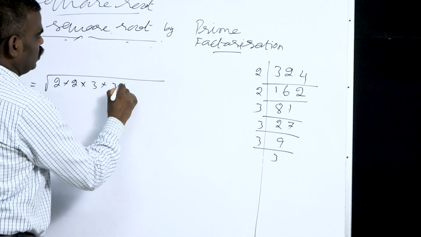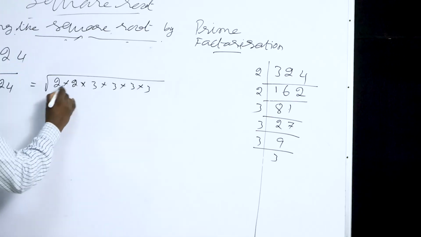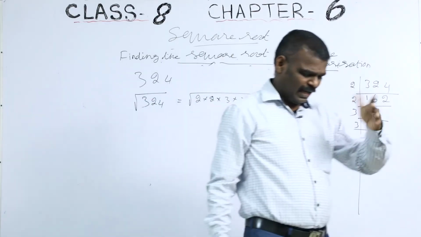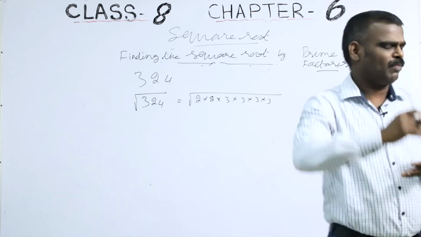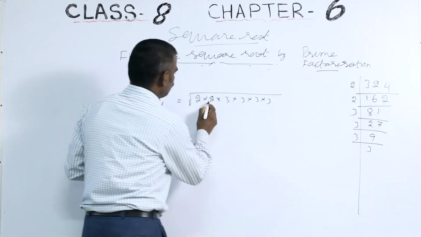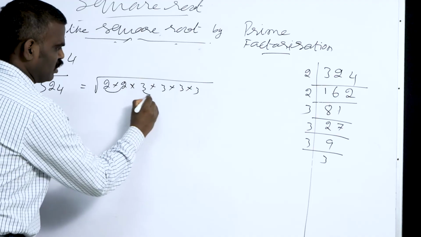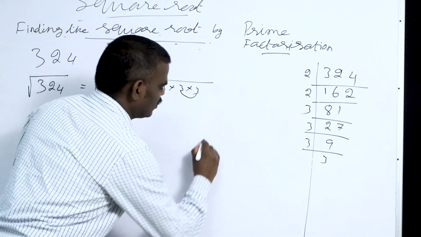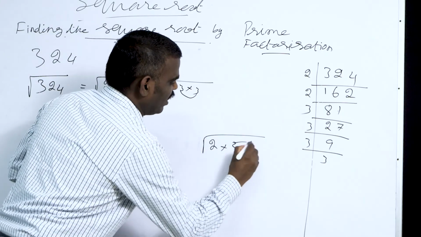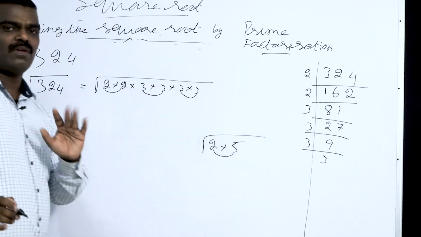Since I already told you, square means what? The number itself multiplied 2 times, multiplying the same number. So the first 2 numbers are one group, the second 2 similar numbers are another group. Suppose it is like 2 into 5, you cannot put them together.